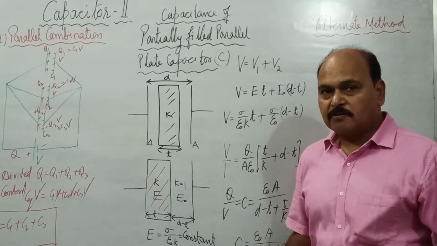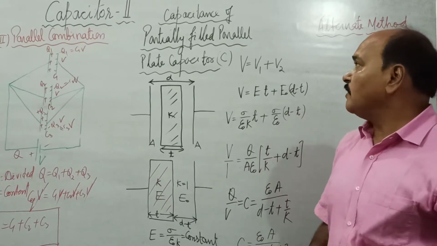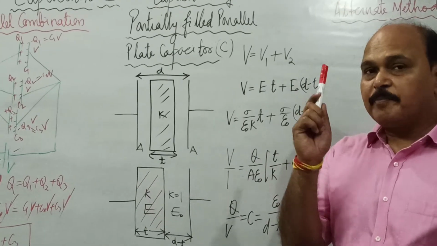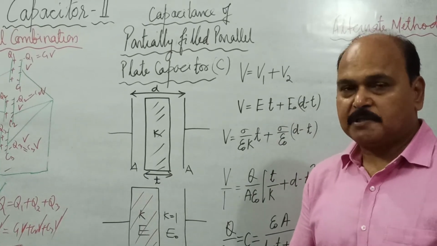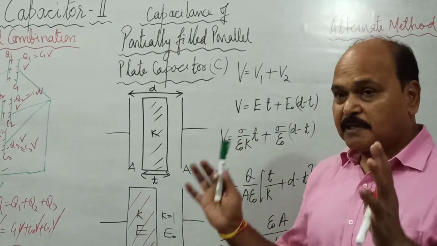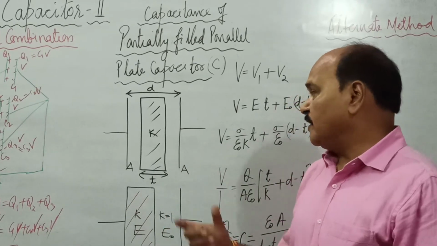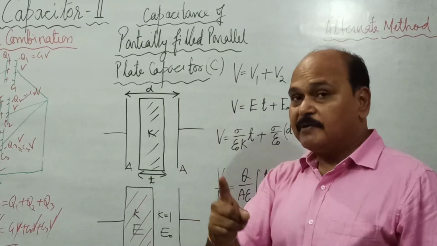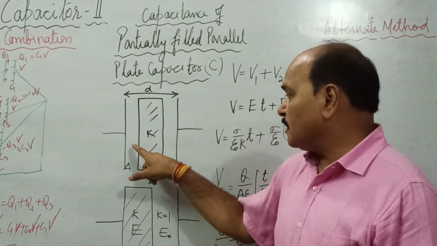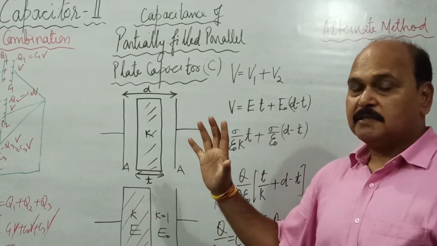Now children, let us find out the equivalent capacitance of a partially filled capacitor. What is partially filled capacitor? A capacitor is said to be partially filled when a part of the space in between the plates is filled with dielectric and other part is what? Empty.